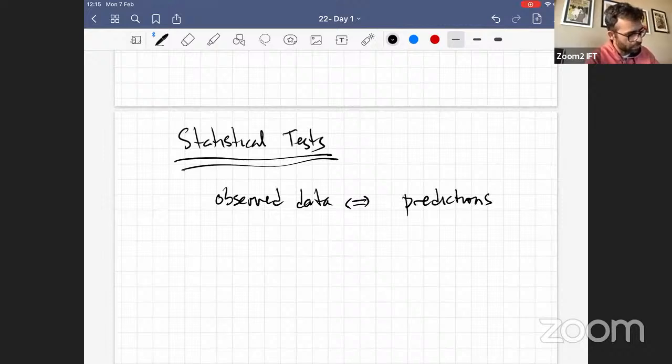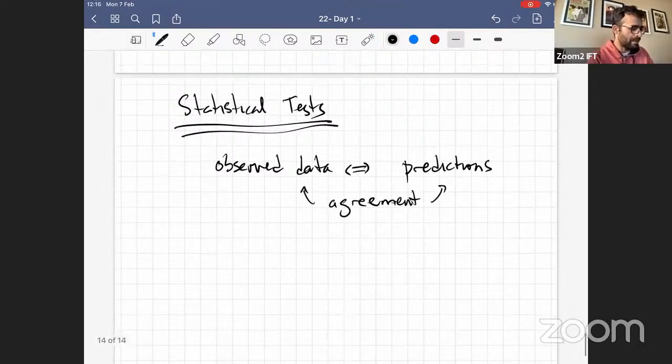So it is a statement about the agreement. You want to formalize, to quantify the agreement between the predictions and what you are observing. So these predictions are what you call a hypothesis.